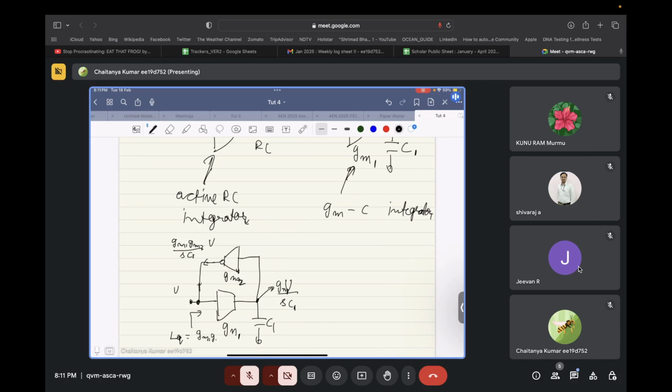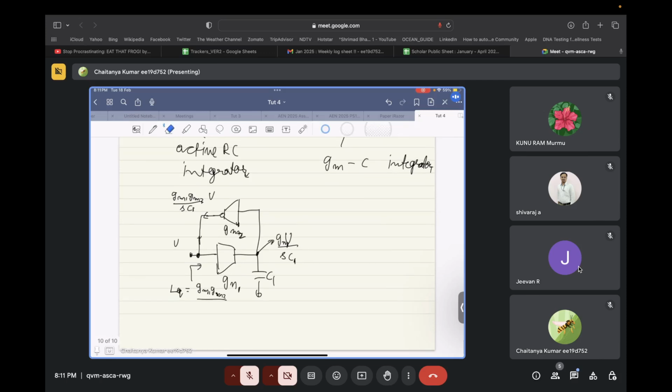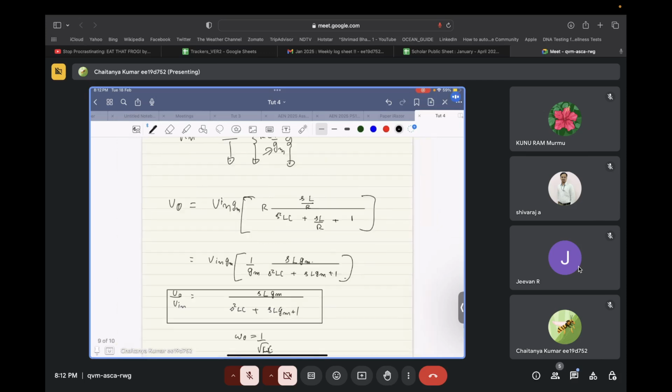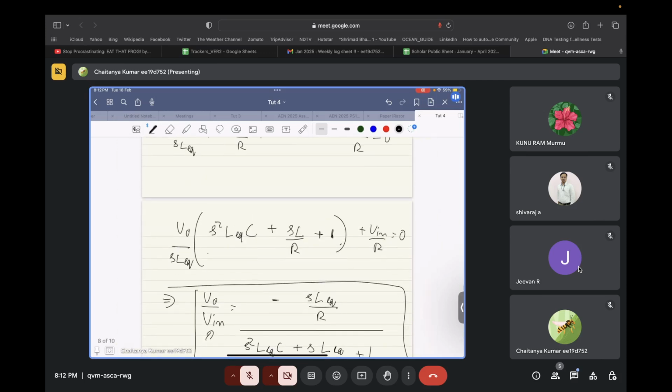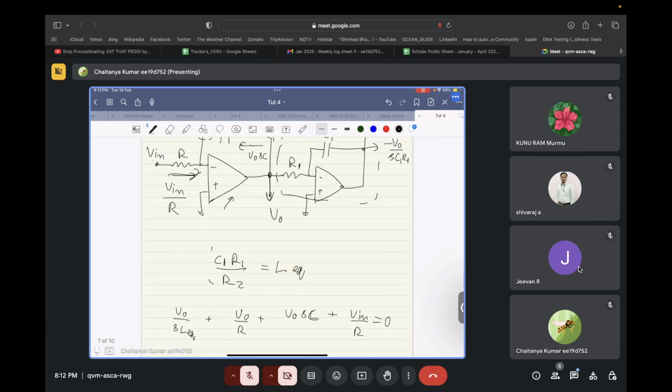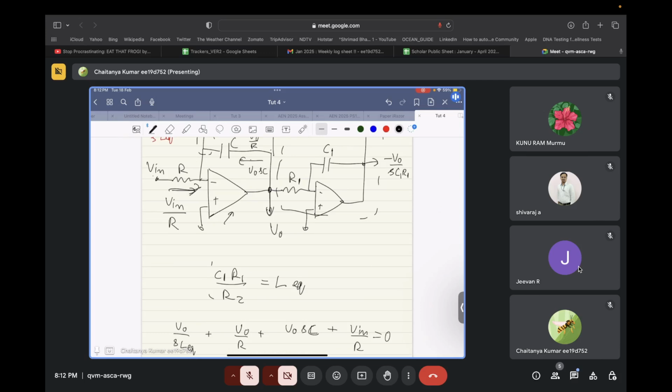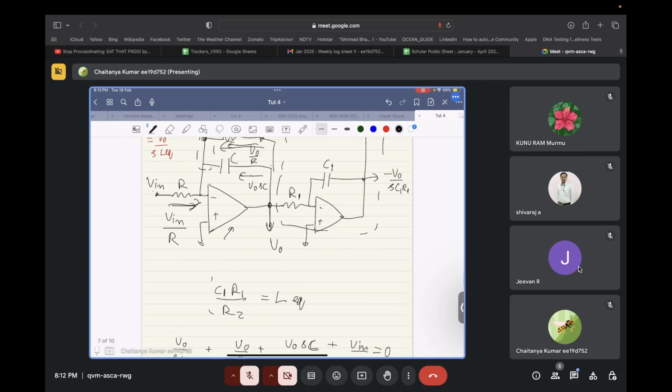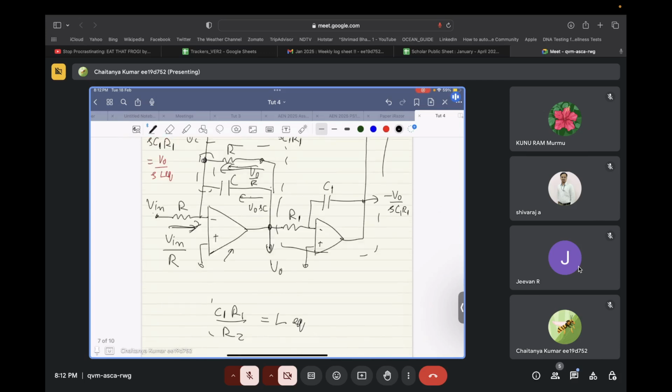GM1 GM2 by, sorry, it will be C1 by GM1 GM2. What you had over here in this case, you had C1 R1 by R2, and in that case you have C1 by GM1 GM2 as your inductance.